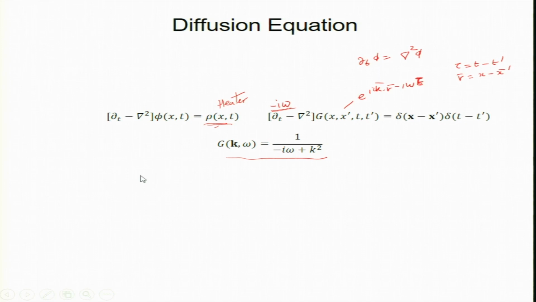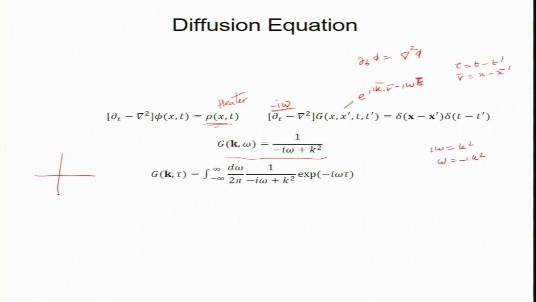So, where is the pole? For the d omega integral here the pole is i omega equal to k squared, omega equal to minus i k squared. Okay. So, the pole is on the negative imaginary axis, this one, minus i k squared, and this is real omega, imaginary omega.